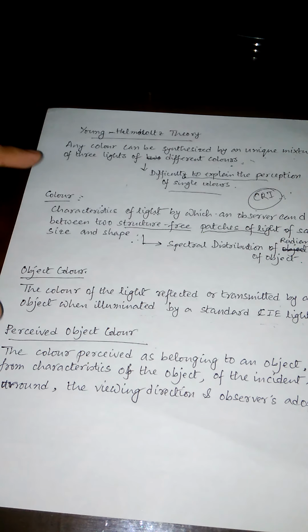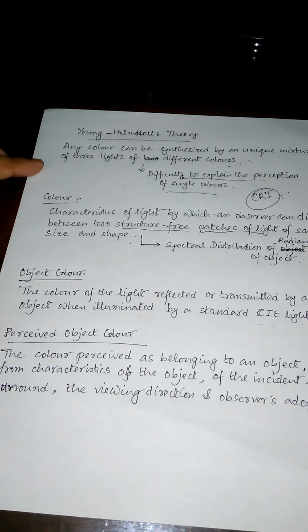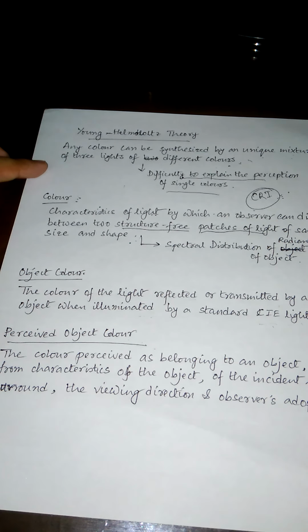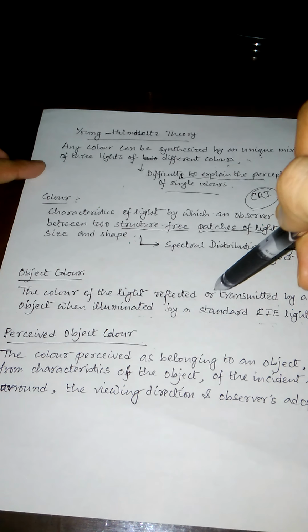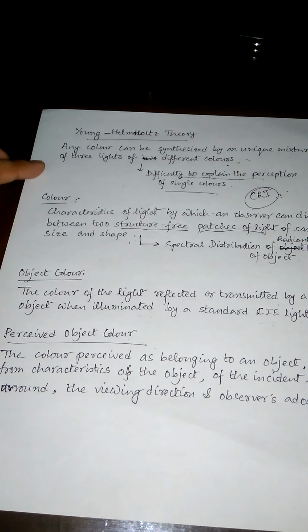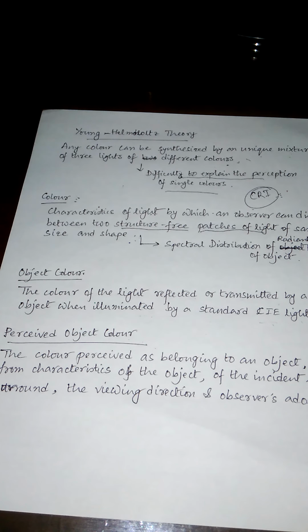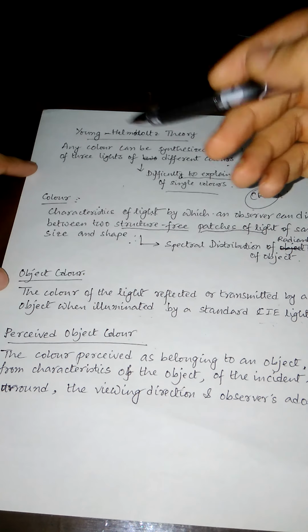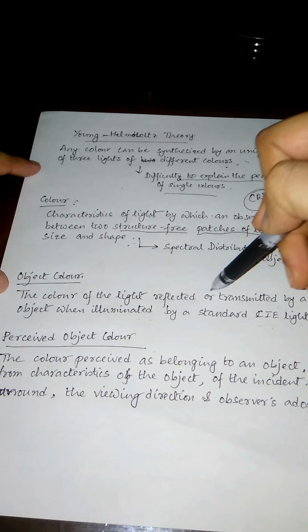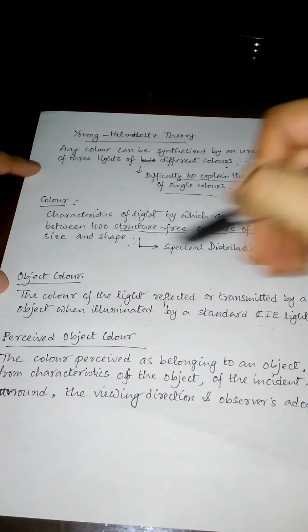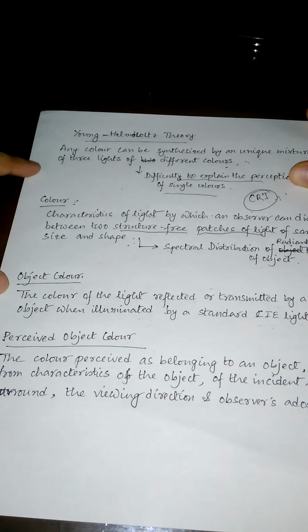We illuminate the object with a standard light source, and the color of the reflected light that we perceive is the object color. So again I say the object has no color of its own, because it depends on perception, on the color of light reflected or transmitted when illuminated under a standard light source.